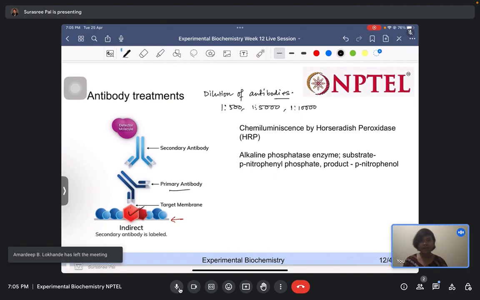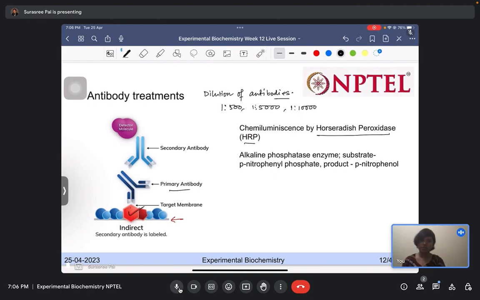This secondary antibody solution is usually given at a much higher dilution, so it is more diluted than the primary antibody solution, and the secondary antibody is also conjugated with an enzyme. Now there are two enzymes mentioned here. One is horseradish peroxidase, HRP.